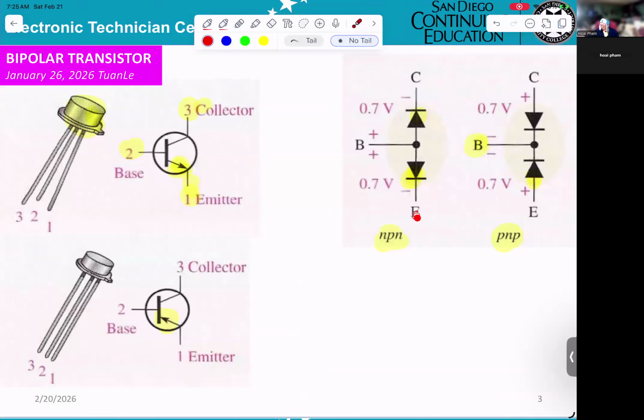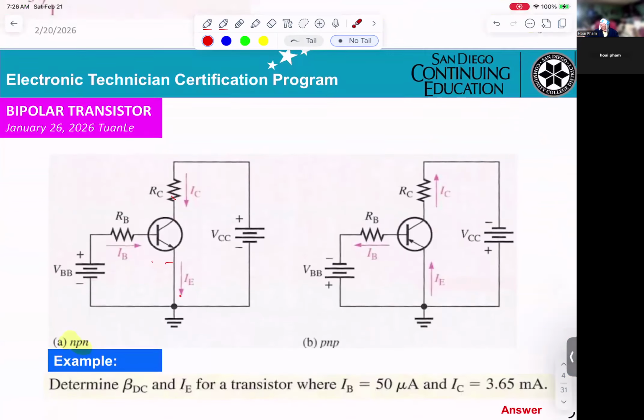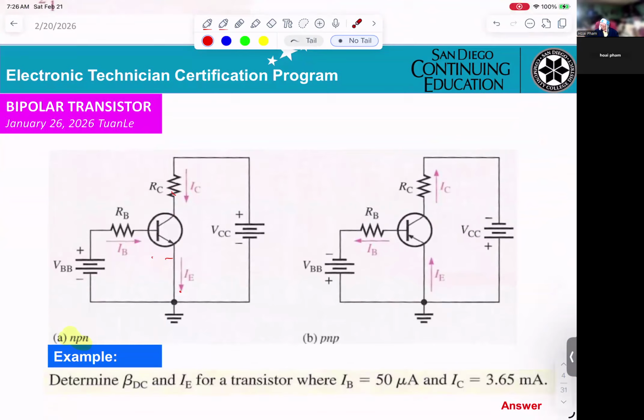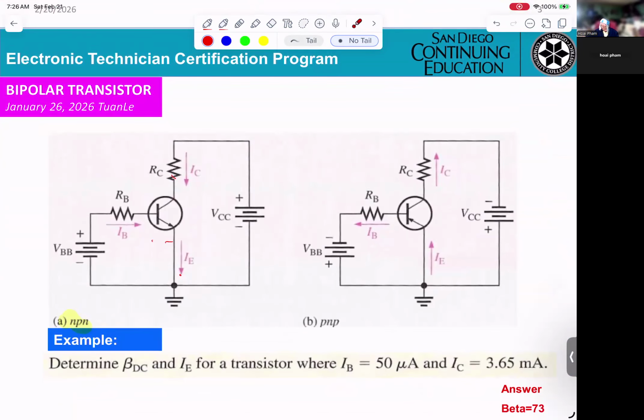That diode will be this way. However, for PNP, the diodes will be opposite. Now, when you're looking into this circuitry, you can say this is an NPN.